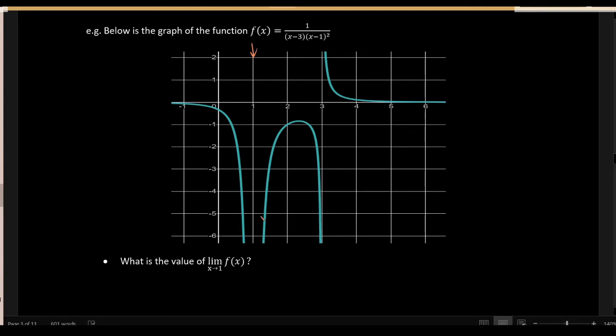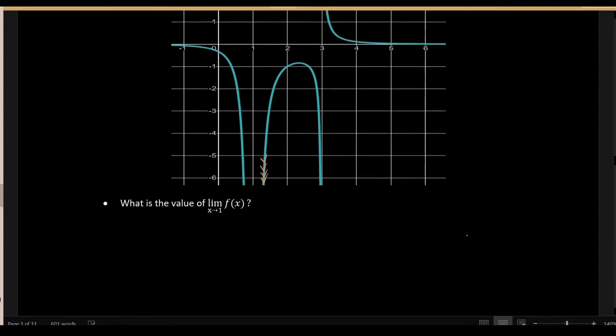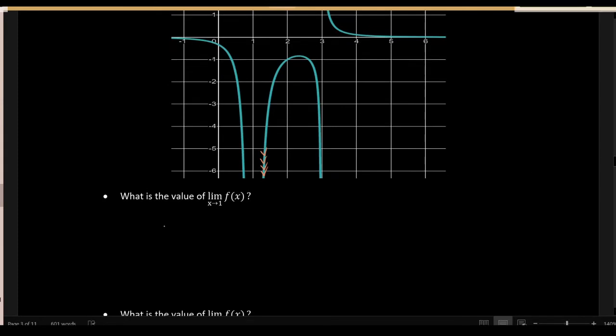If I start slightly to the right of positive 1, and I follow the graph moving in toward positive 1, then I see that the right-sided limit is negative infinity, because as we follow the curve in toward x equals 1, those y values keep getting smaller and smaller and smaller.